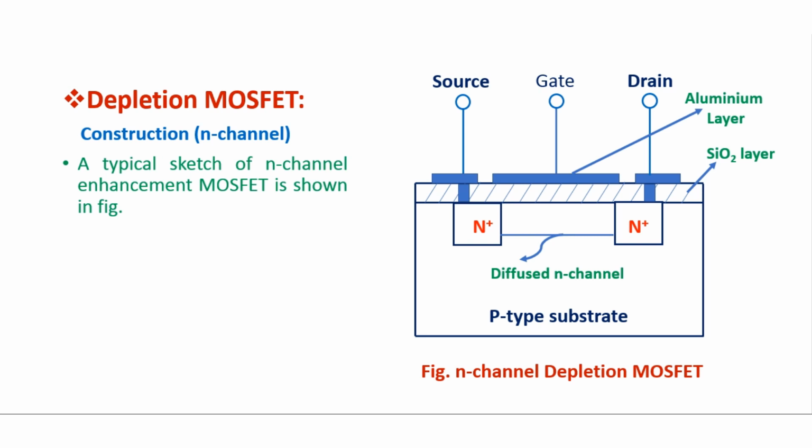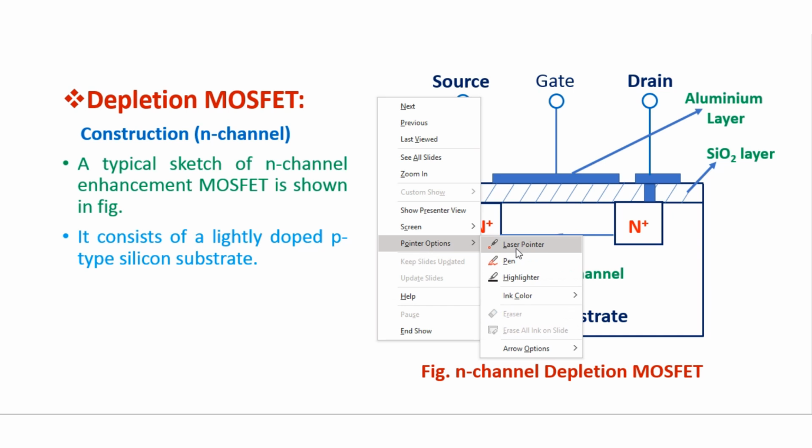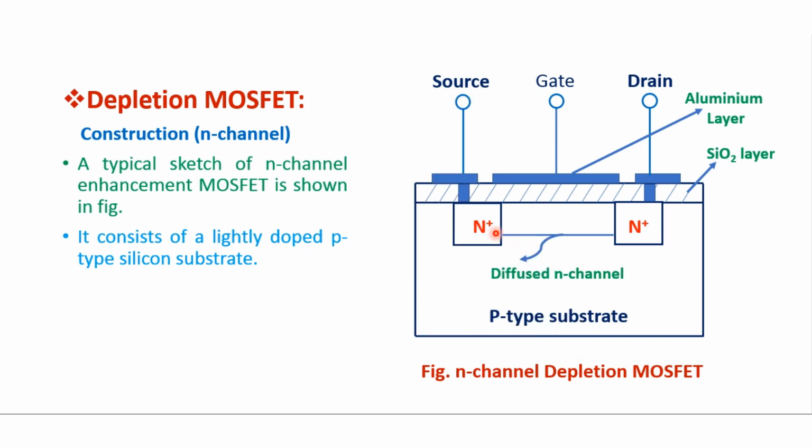Now, it consists of a lightly doped substrate of p-type silicon. On the p-type substrate, two heavily doped N regions are diffused.